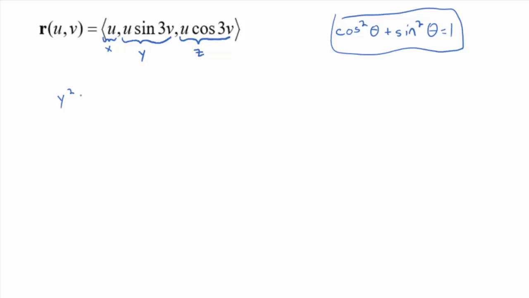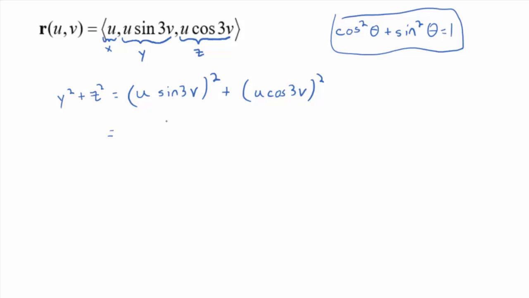So y squared plus z squared, what is that in terms of u and v? That would be u sine 3v, the whole thing squared, that's the y squared, plus u cosine 3v, the whole thing squared, that's the z squared. And I think we can do more than one step at a time here, so those exponents apply to both factors in both products.